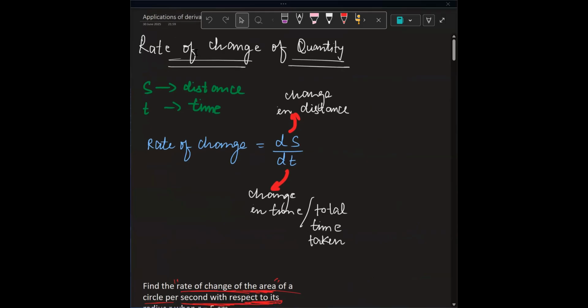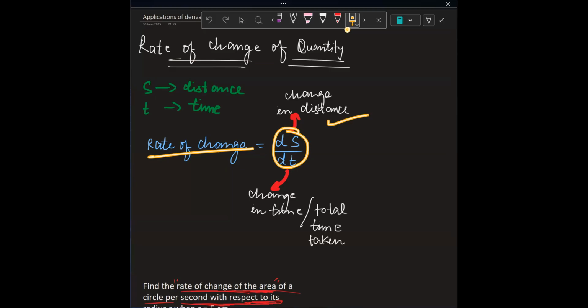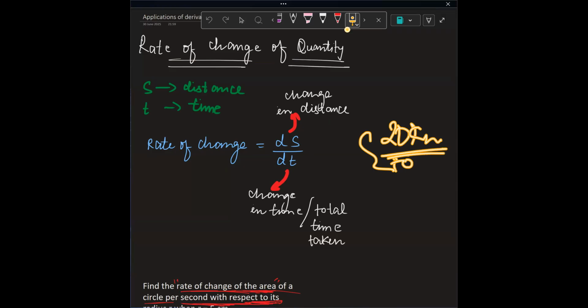So see, in application of derivative, we have the rate of change of quantity. What is rate of change? Rate of change means there is some change in distance with respect to some time. That means you traveled 50 kilometers and then you traveled 70 kilometers, so the difference will be 20 kilometers, and whatever time you took to cover those 20 kilometers is your dt.